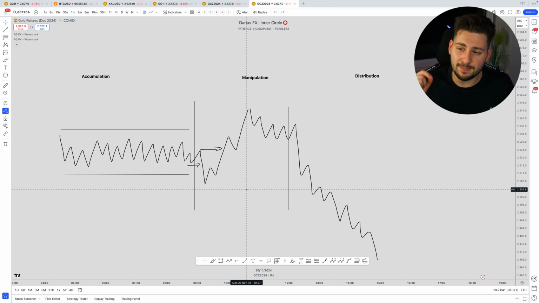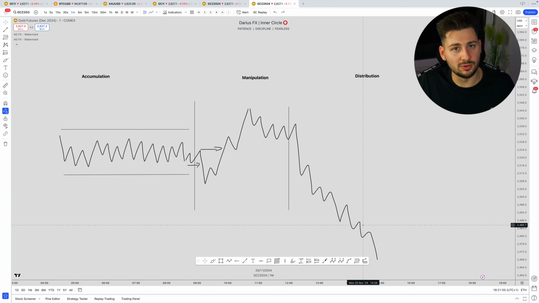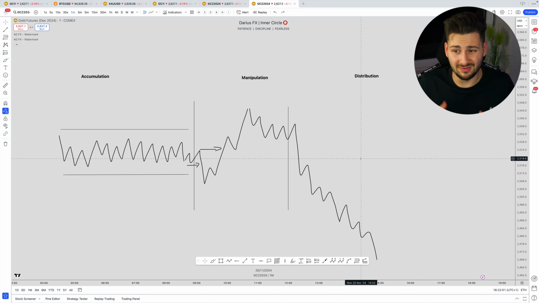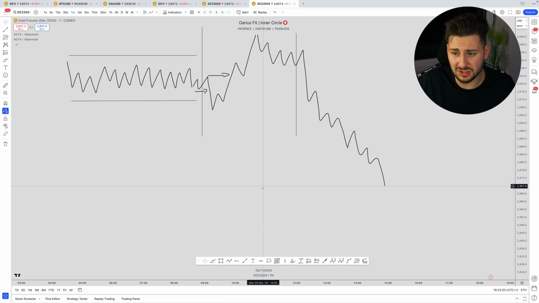Because for instance, in this situation, just for you to understand what institutions are doing, they want to bring price down, right? The idea is, in this case, the higher time frame is, for instance, bearish. So it's going to happen like this, kind of, and it's gonna drop lower. So you wanna spot this behavior, because the market maker, in order to bring price down lower, if this is right now the higher time frame, let me just show you an example.